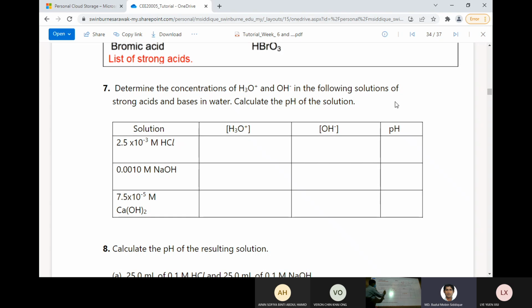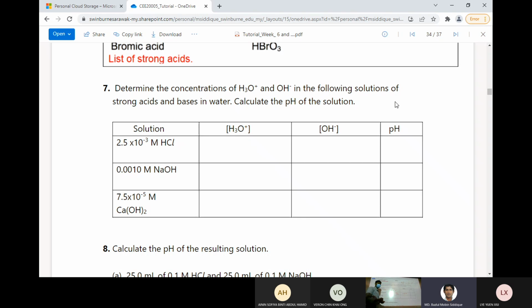Because HCl is not giving you hydroxyl ion, it is giving you hydronium ion. Understand? Sodium hydroxide is giving you hydroxyl ion, but not this one. So the hydronium ion concentration you will find is Kw over hydroxyl ion.